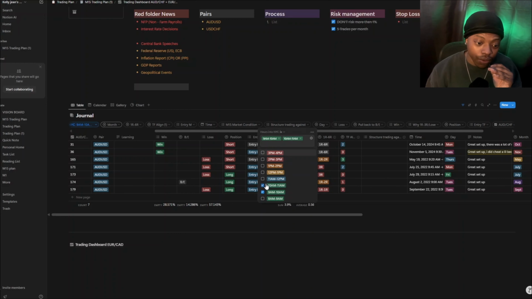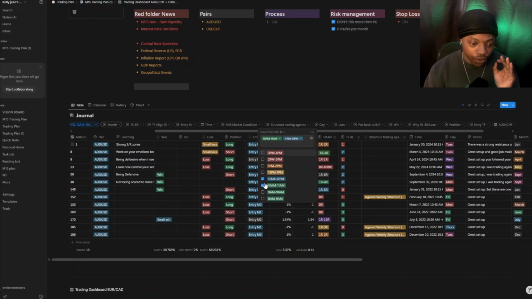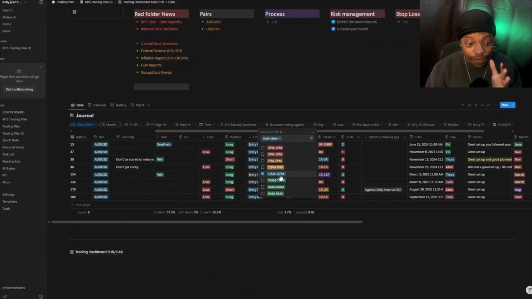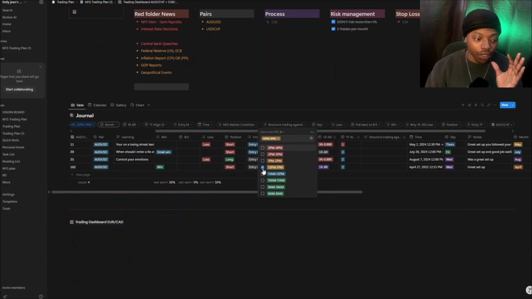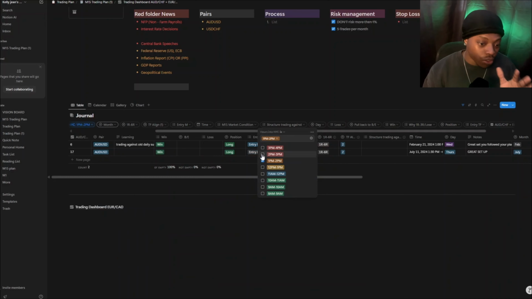Trading from 10 to 11 gives me a 30% win rate. Trading from 11 to 12 gives me a 37% win rate. Trading from 12 to 1 gives me a 50% win rate. So on and so on.